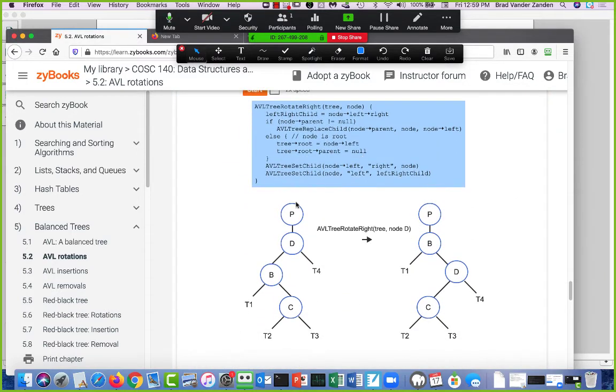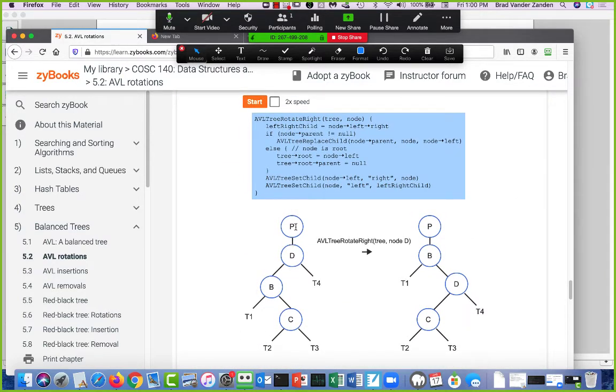you can see that we have the parent now. And what the book does is it passes in to the rotate function the parent of the node that we're going to rotate about. So here you see a right rotate, and what we're really doing is rotating about the left child of node.